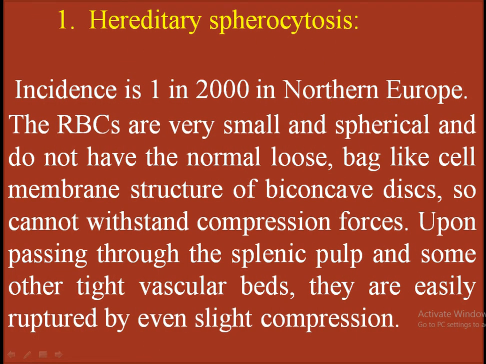In the first type of the anemia, hereditary spherocytosis, the RBC are very small and spherical and do not have the normal loose bag-like cell membrane structure of a biconcave disc.